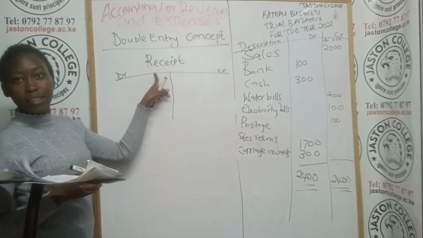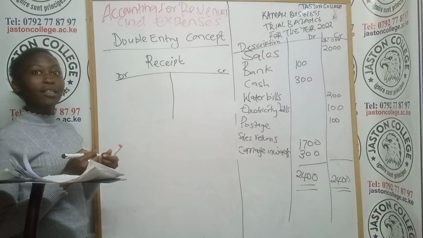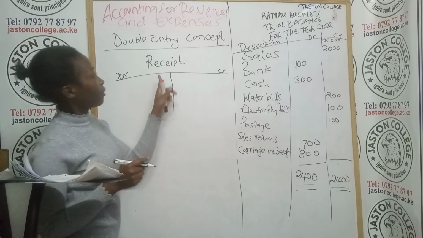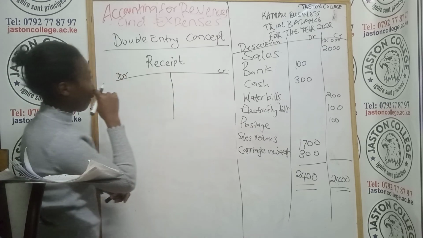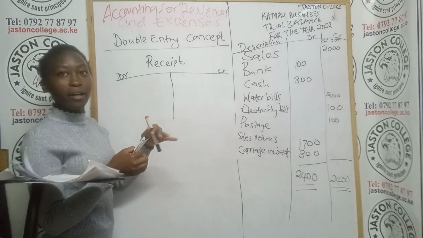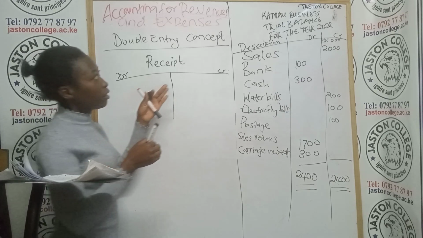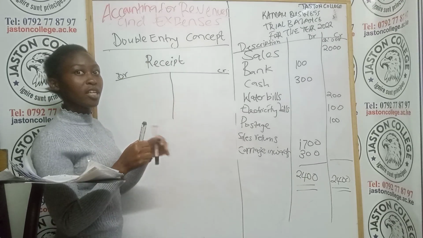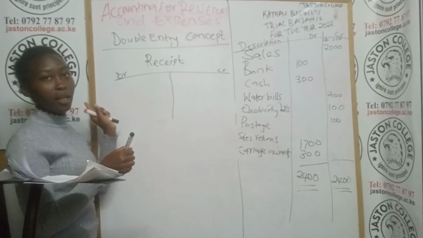So our sales will increase because of the receipts, and so we will credit our receipts because they are increasing. Any increase of the revenues, any increase of the sales, we always credit. What if it decreases? We will debit.